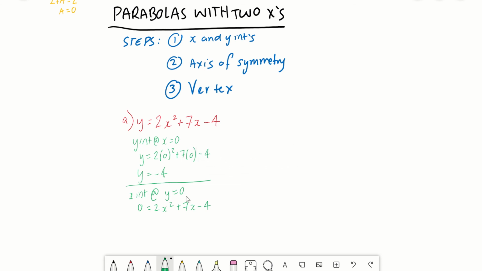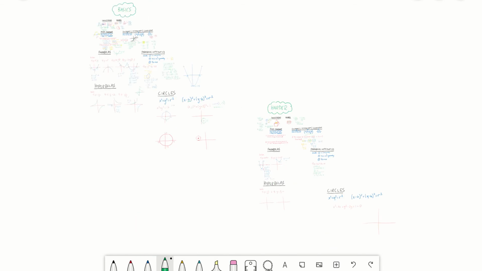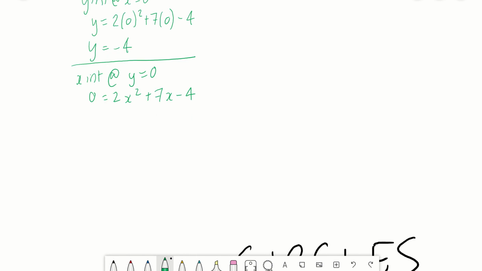X-intercept at y equals 0, subbing 0 in where y is. What do I have? I have a quadratic that I need to solve. I have a non-monic quadratic. Oof, not pretty. Times it over. I'm going to have my 2x and 2x. What times to give me -8 and adds to give me 7?